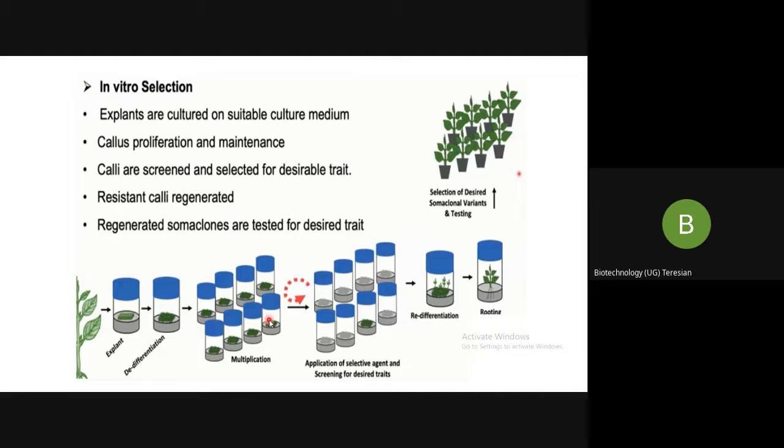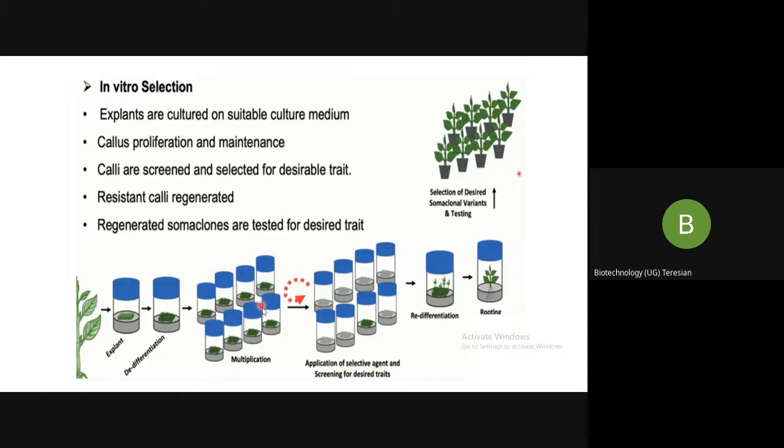So the calli are grown in a selective media. Only those calli or cells will survive that have accumulated specific variation or mutation that provides protection against the effect of the selective agent. Whatever selective agent I have selected, any one you can choose. So you are growing them in a selective media, and you see here the application of the selective agent and screening of the desired plant.